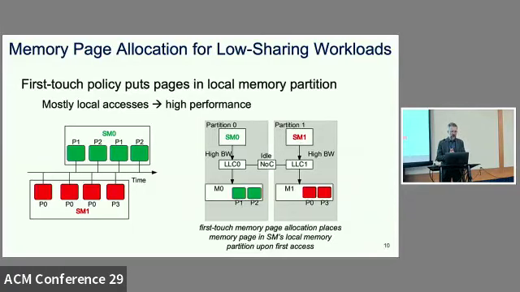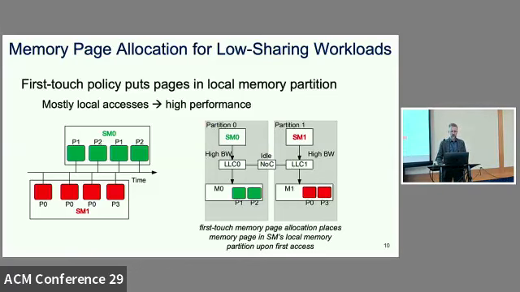If we have a low-sharing application, then memory page allocation is actually pretty simple. You do a first-touch memory page allocation policy. First touch means that you place the memory page in the SM's local memory when an SM accesses it for the first time. That works really well if you have a low-sharing application. The memory pages end up in the partitions where you access the data.